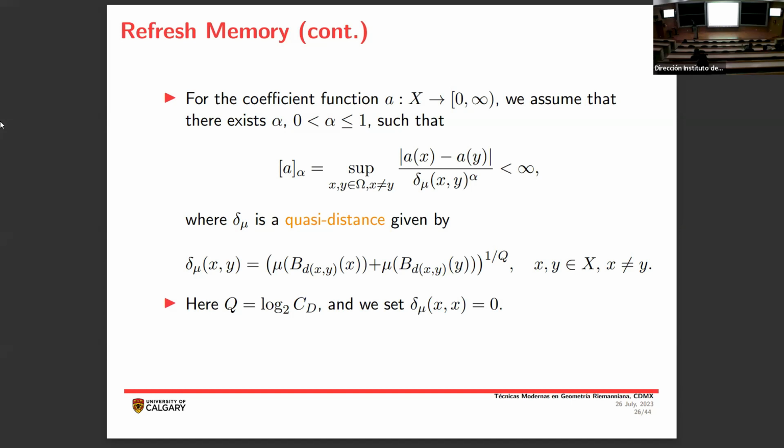Maybe I will write it completely backwards, but I think it's something like that. Maybe something is backwards, but at the end, we get an inequality this way. Just by assuming that our measure is doubling, we get this. And this is where the coefficient comes from.